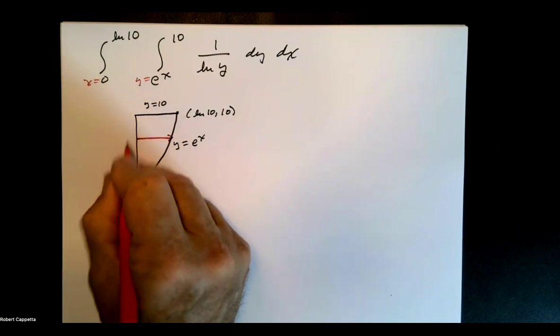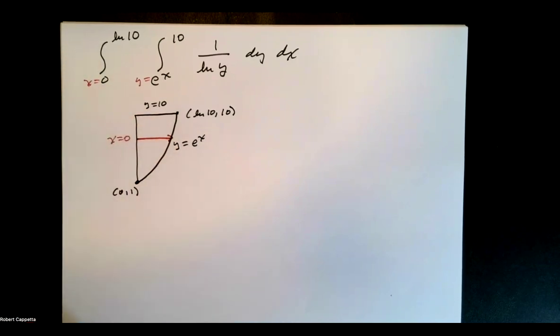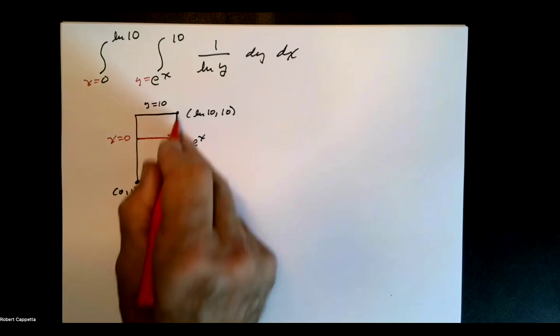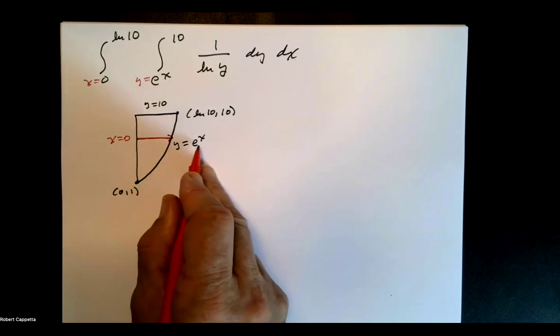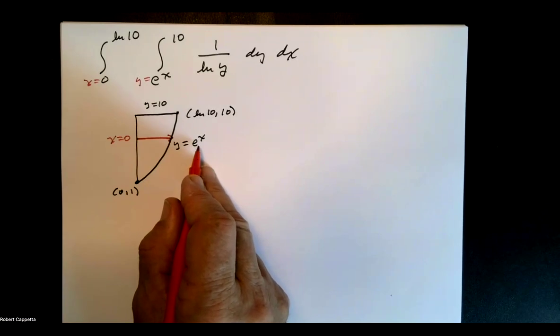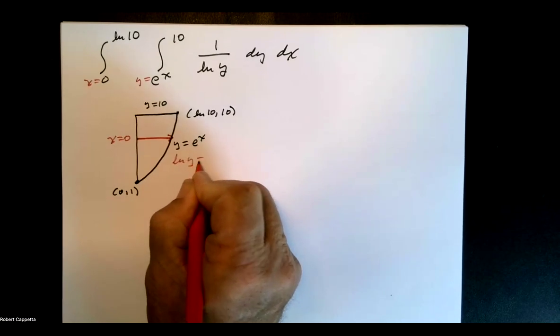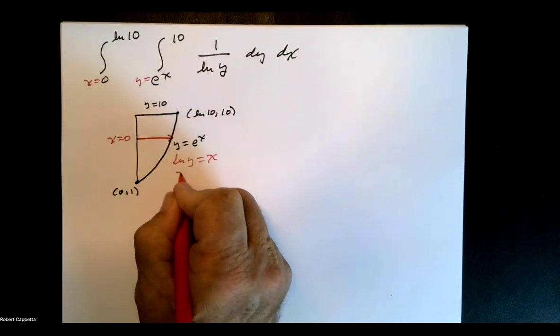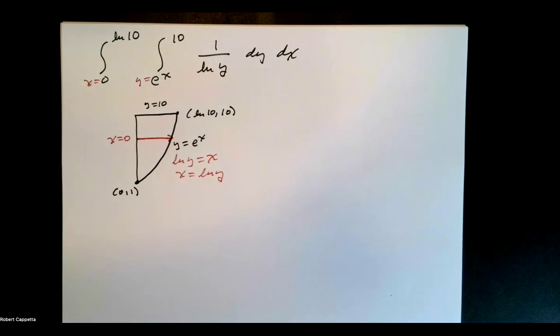If we start here on our y-axis, that is the line x equals 0. Then what is this? That boundary was y equals e to the x, but I need to write that as a function of x. So we take the natural log of both sides. Natural log of y equals x, or that eastern boundary is going to be x equals natural log y.